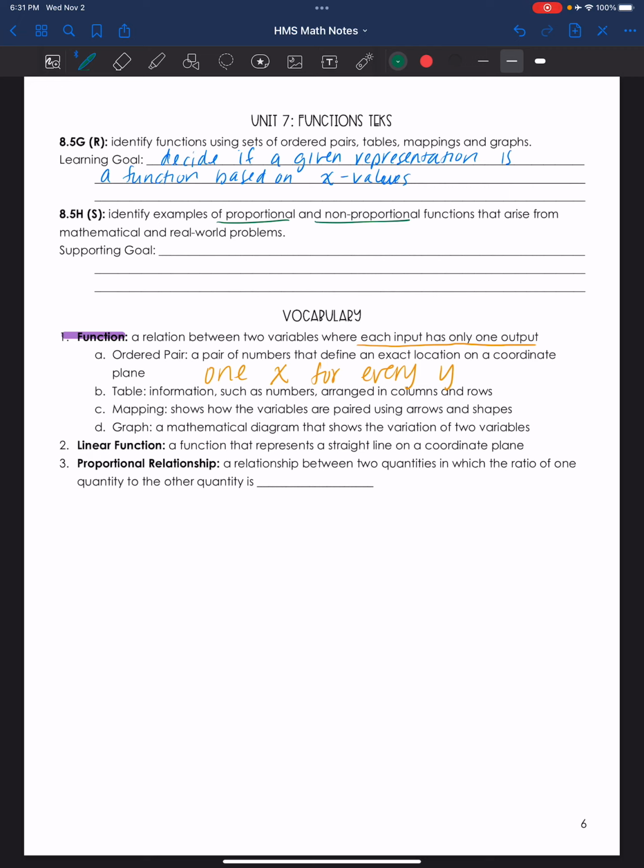Our learning goal is to decide whether a given scenario, which should always be some sort of real-world situation or problem that you get outside of school, is proportional or non-proportional based on the problem. I'm going to say based on keywords.